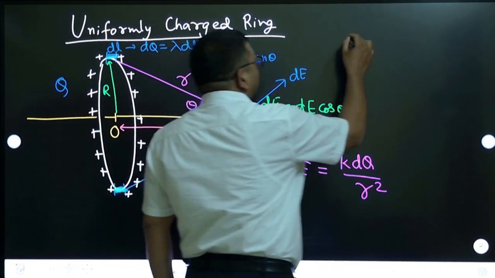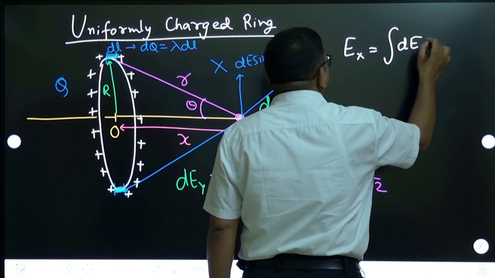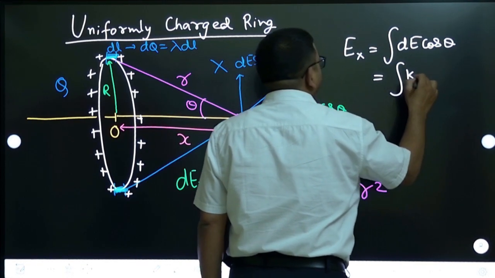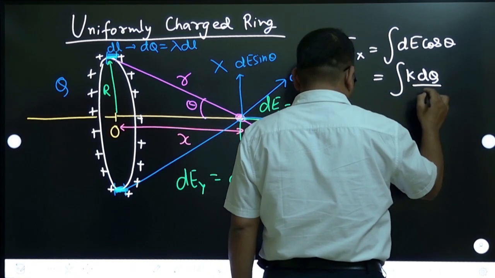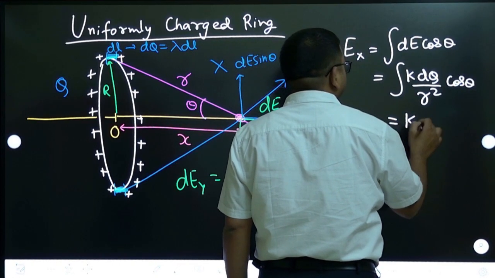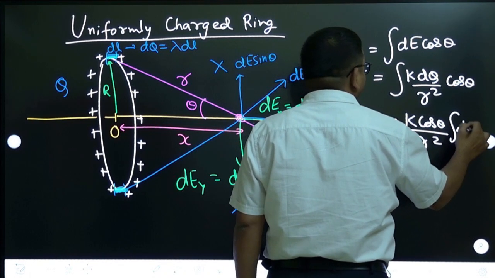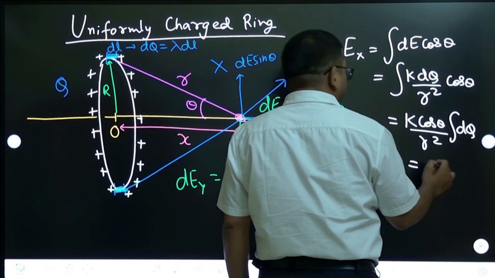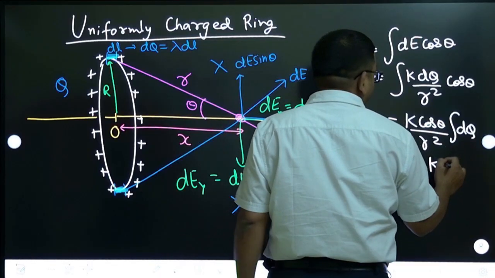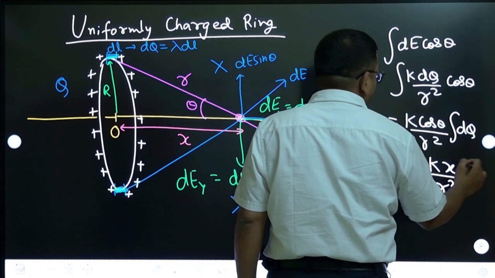So the electric field along the x-axis is the integral of dE cos theta. dE is k dq by r squared into cos theta. Note that everything here is constant, so cos theta and r squared are constant, and you just have to integrate dq. The integration of dq will give the total charge. Cos theta can be written as base by hypotenuse, so x by r, giving k x by r cubed into total charge.